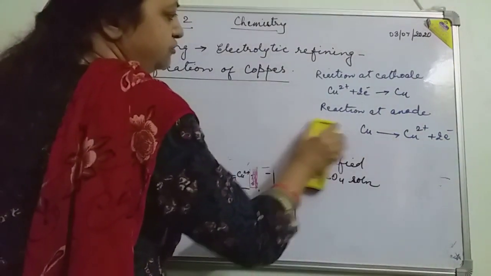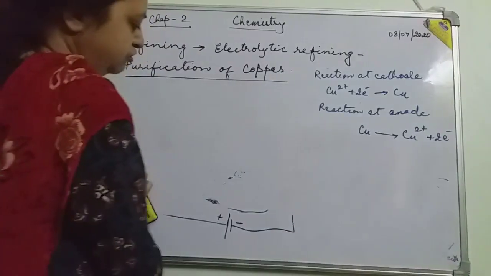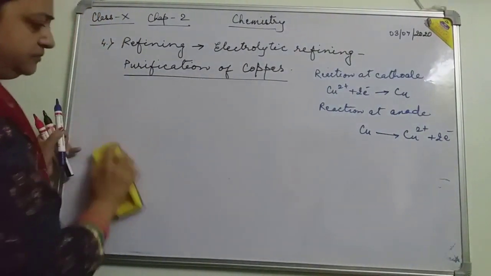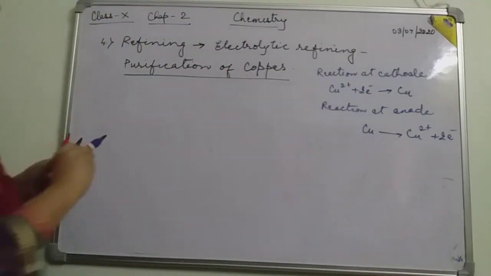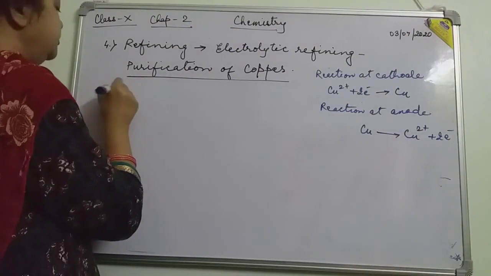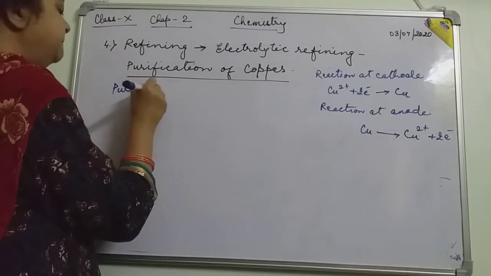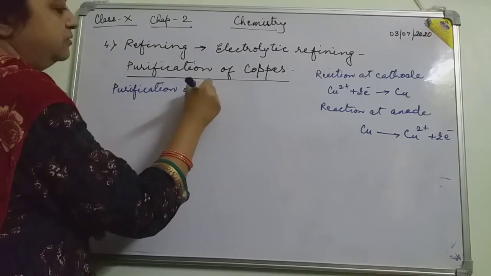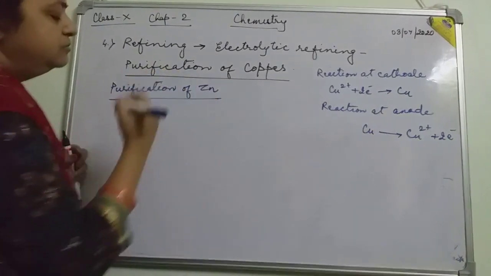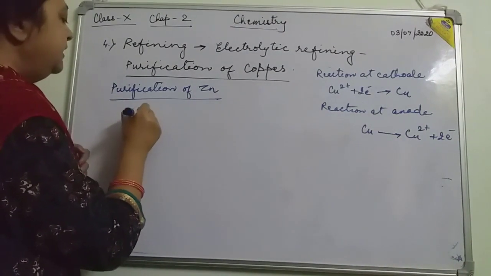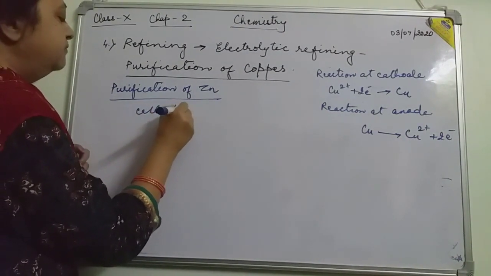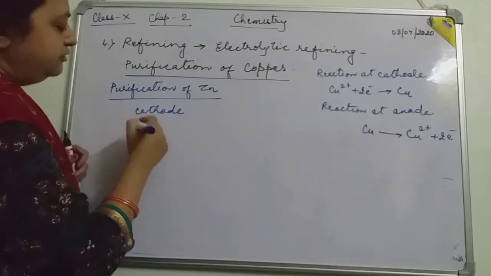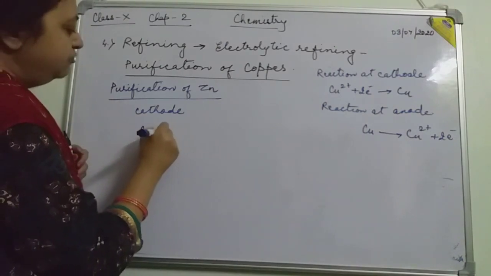Likewise, as you purify copper, you can also purify zinc. What do you have to do? Which rod do you take at cathode and which rod as anode?